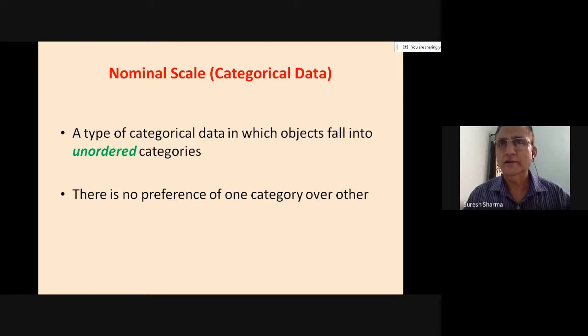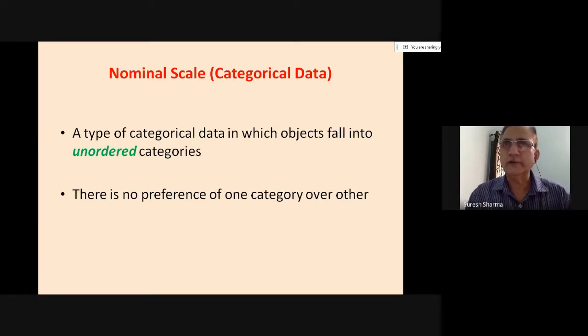You cannot do like that. You cannot order them. Everybody is human being. You can write male as 1, female as 2, or you can write female as 1, male as 2. Doesn't make any difference. So bottom line is that if there is equal preference to each and every category, let me just repeat, if there is equal preference to each and every category, then we say that our data belongs to the nominal scale.